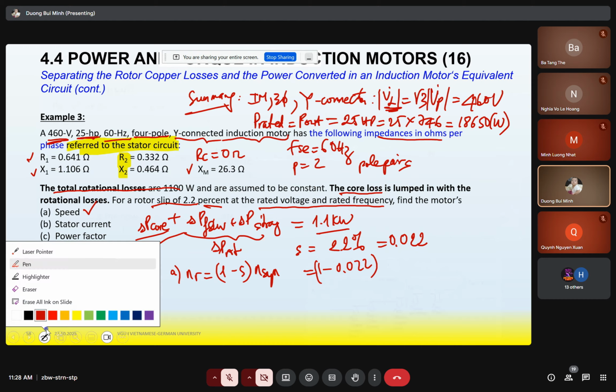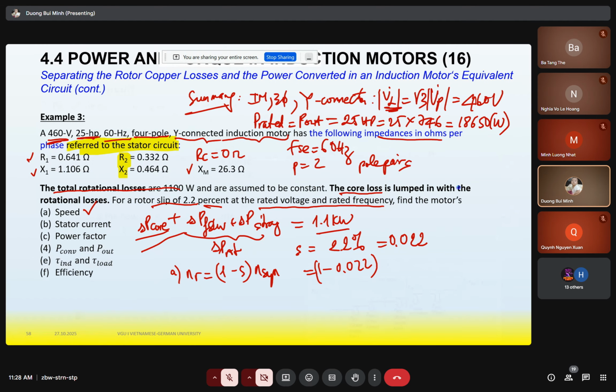We have Ns equals 120 f_se over P. We know f_se is 60 Hz, over 4 poles, so we get 1,800 RPM.